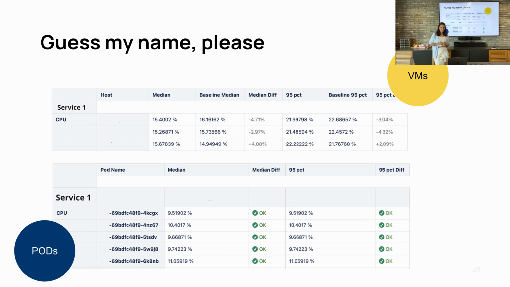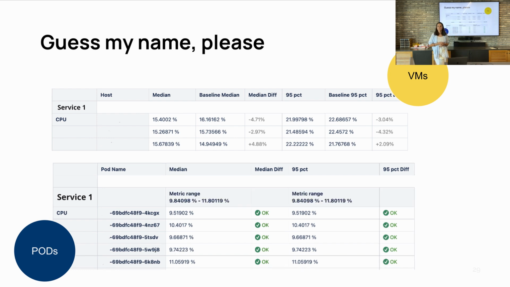But what we did is start gathering a range. So we do the same work, we analyze per pod, but now we are not targeting a direct machine.